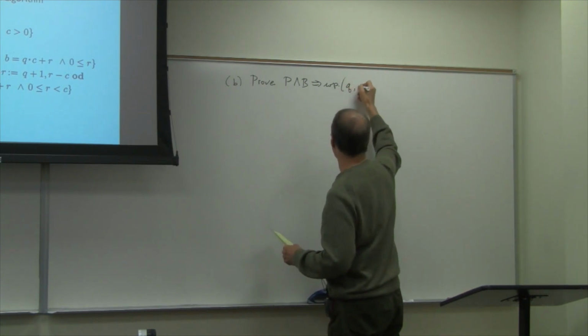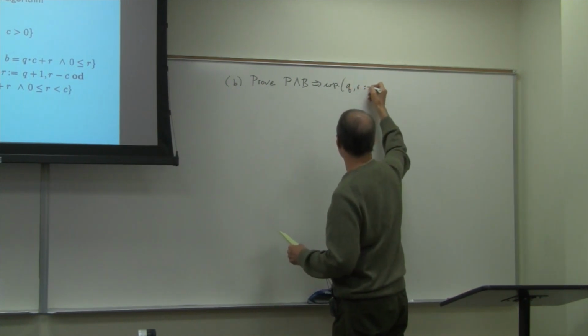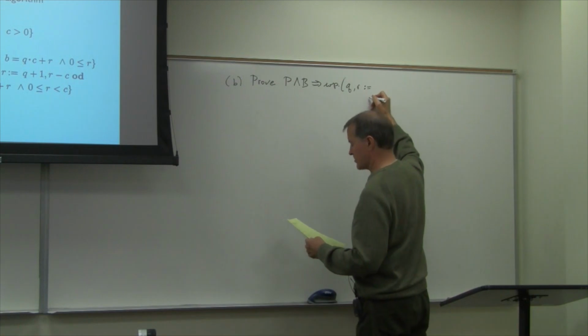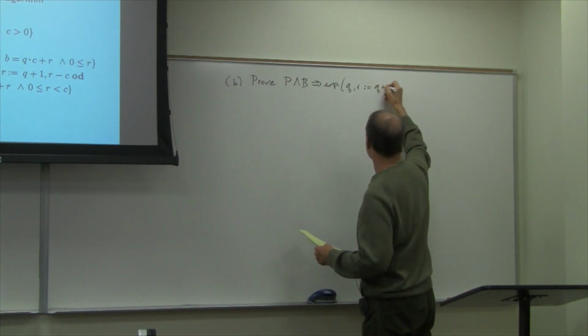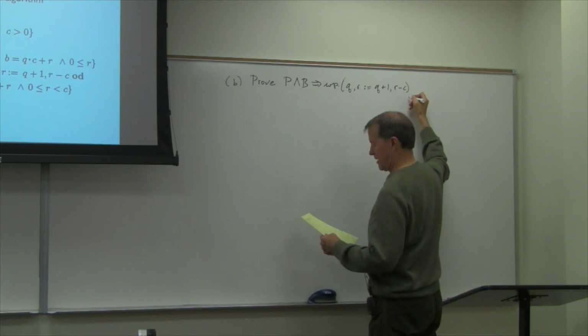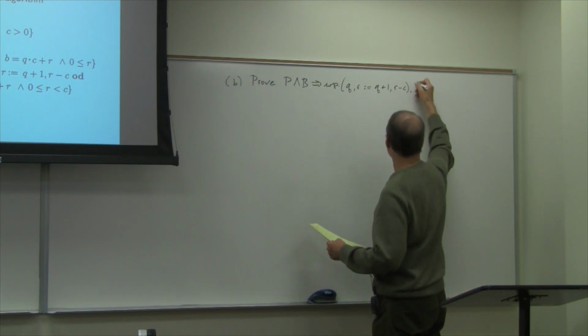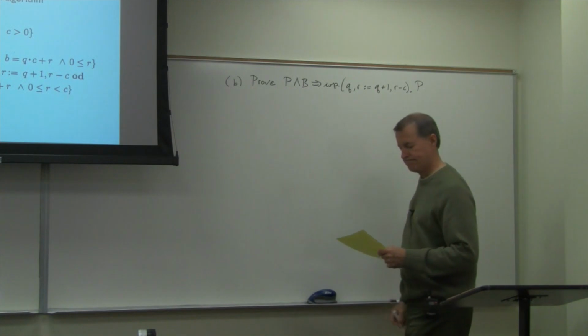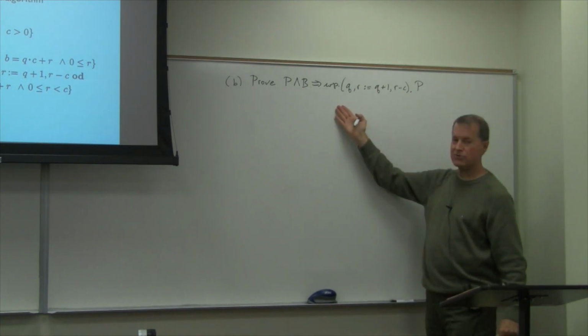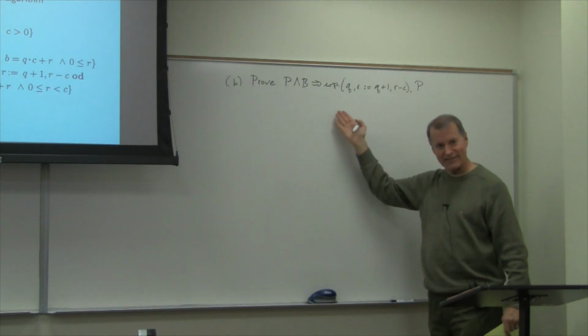So it's Q comma R gets Q plus 1 comma R minus C dot, and here again we'll just use the abbreviation P. And as always, we'll use the technique of assuming the conjuncts of the antecedent and do this.